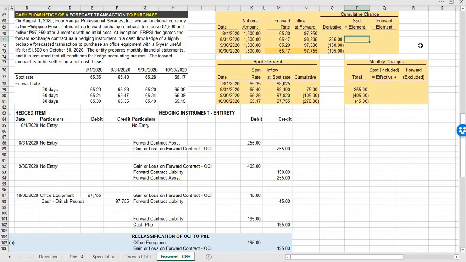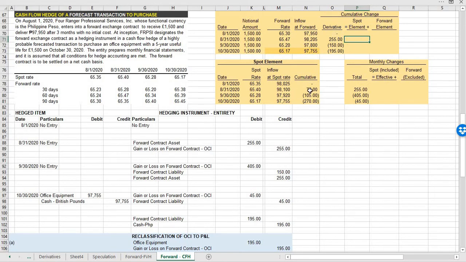So, let's start on August 31. So, syempre sa August 31 na tayo magsa-start kasi 0 din naman ang spot element natin as of August 1. So, kung 0 ang spot element natin ng August 1, so 0 din ang forward element kasi 0 ang total value ng derivative on August 1, the inception date. So, kaya tayo ay pumunta na sa August 31.